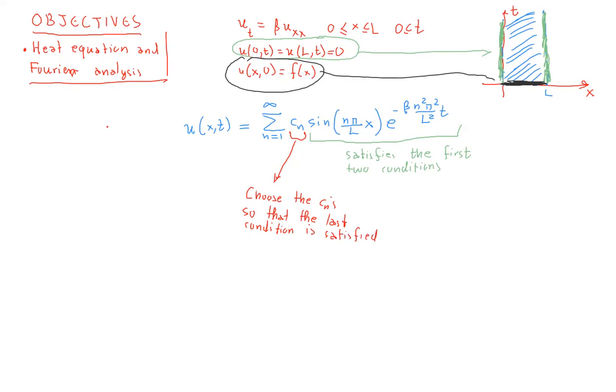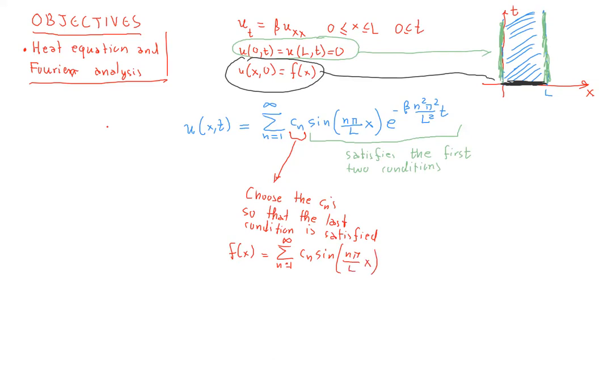So if you set t equal to 0, then the exponential component disappears, becomes 1. And pretty much what you get is that f of x should end up being the series starting with n equals 1 to infinity of Cn sine of n pi over L times x.